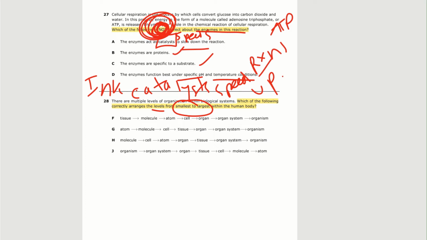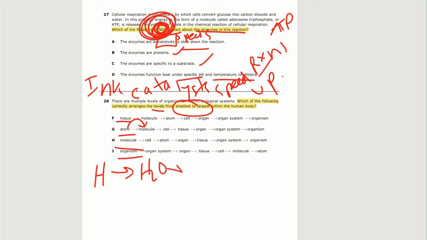What are you looking at, ma'am? I'm looking at this. Which one is the smallest? The atom, right? So then that's your answer. Is it just my answer because atom is the smallest? No, I actually looked at it. An atom makes molecules, right? What is an atom? Hydrogen is an atom. If I put H2O, that's a molecule.